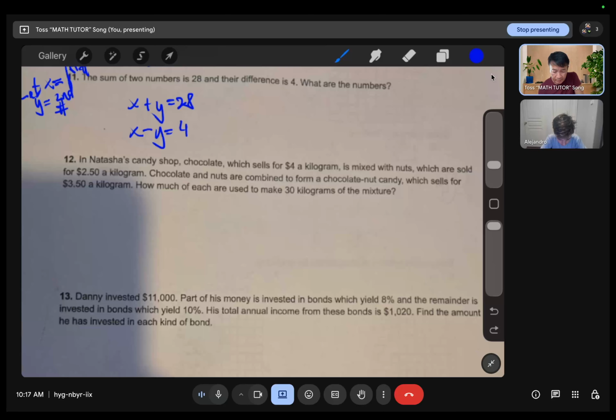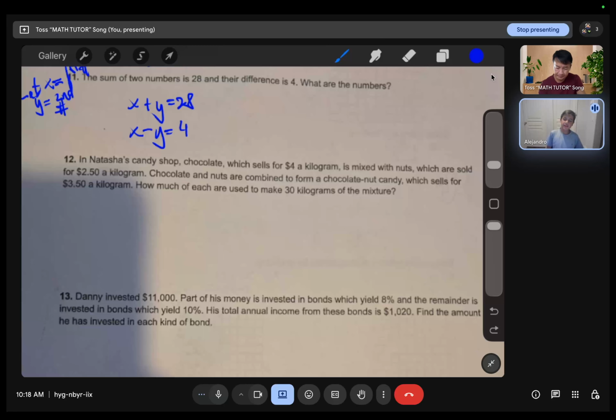Chocolate and nuts are combined to form a chocolate nut candy, which sells for $3.50 a kilogram. How much of each are used to make 30 kilograms of mixture? Okay, it seems a little fancy, but it's not that fancy yet to me. What do you think?